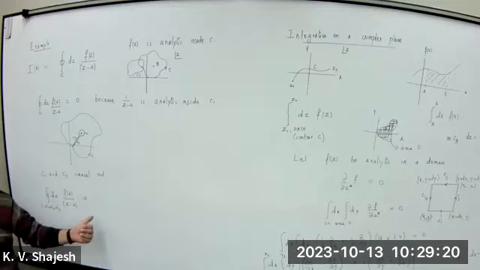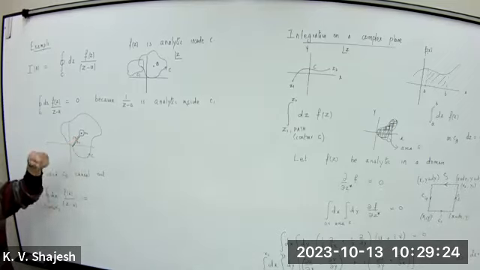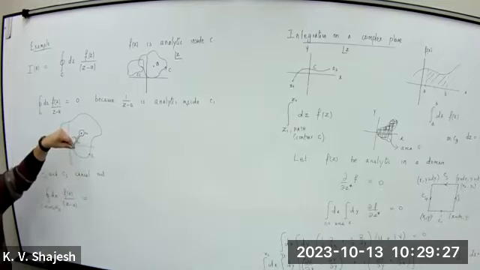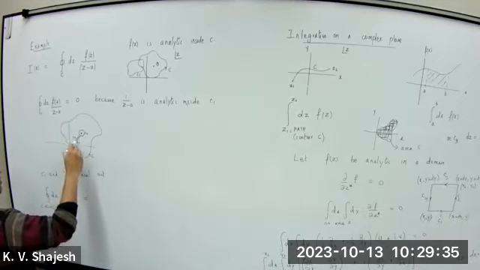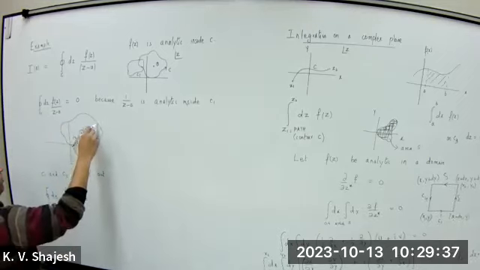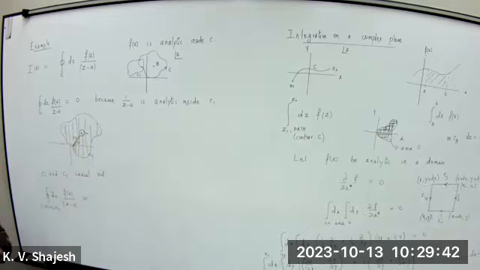It is 0. Very good, because now the pole, or the point that was having this problem of non-analyticity, is outside my contour. The region covered by my contour is everywhere except that point.